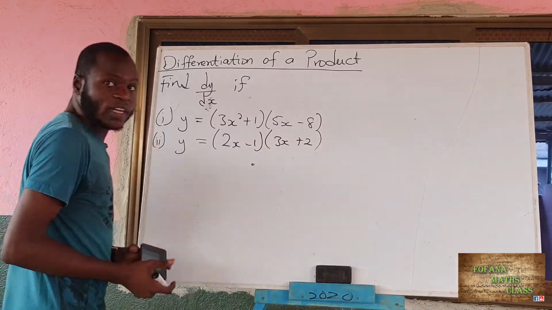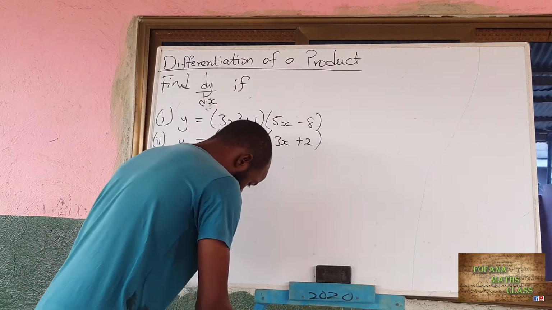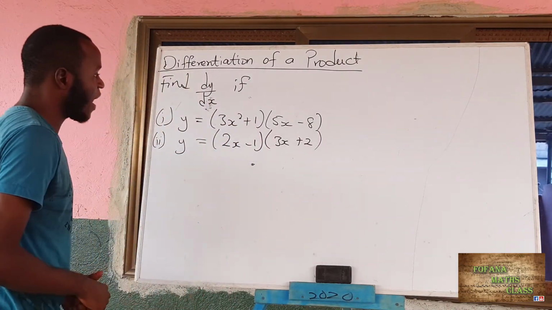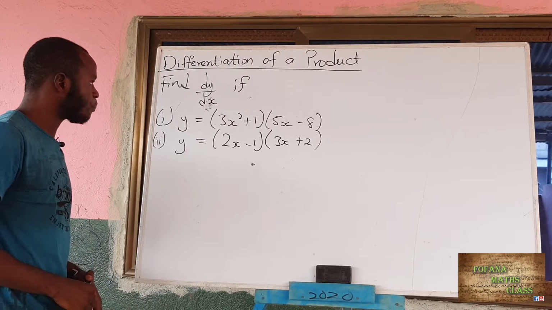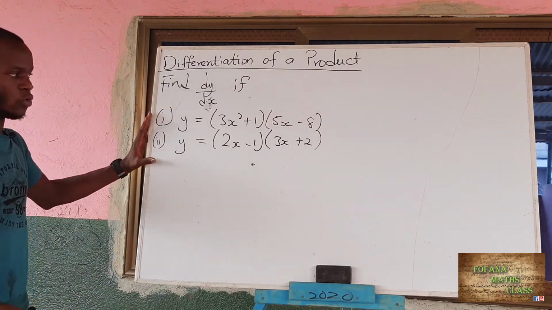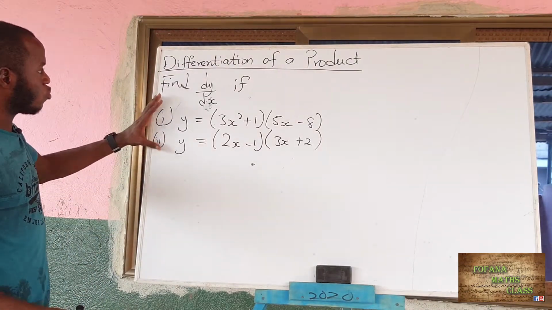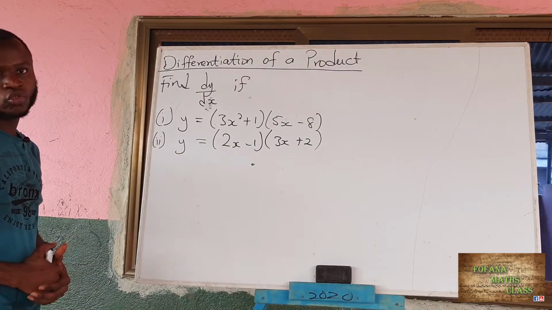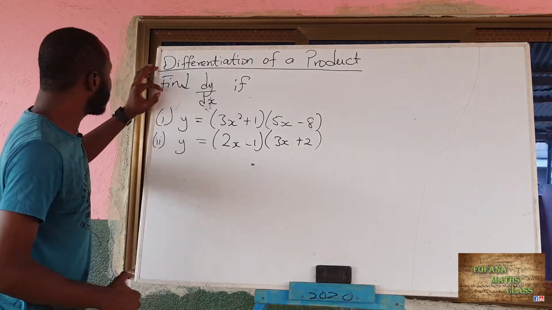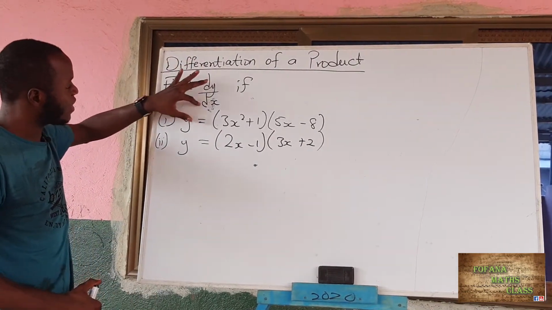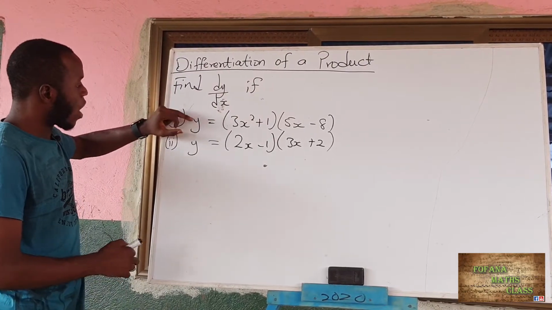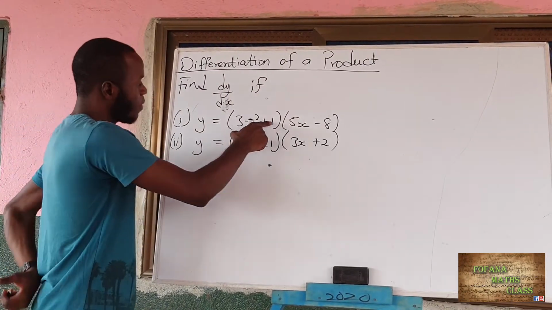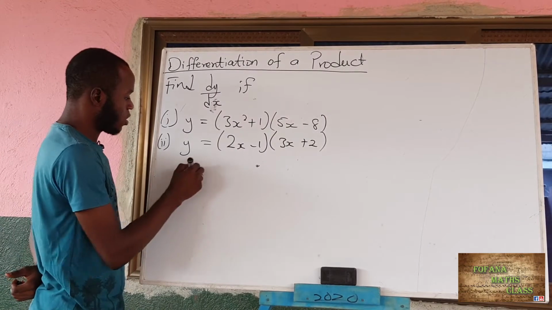So now let's look at these two examples on the board, and how we can apply the rules. These are what we are going to use to illustrate the product rule of differentiation. The question says we should find dy/dx if y is equal to (3x squared plus 1) times (5x minus 8).